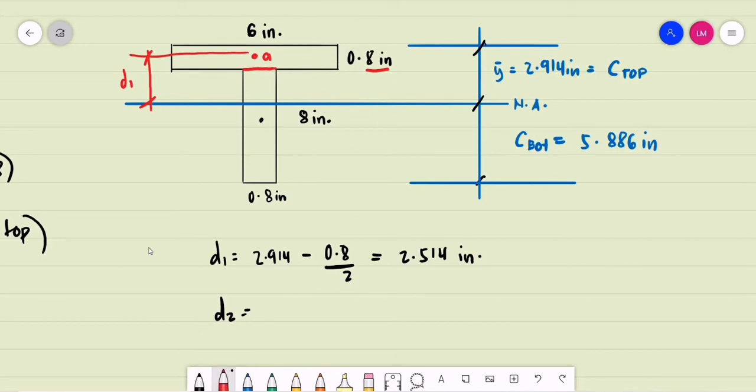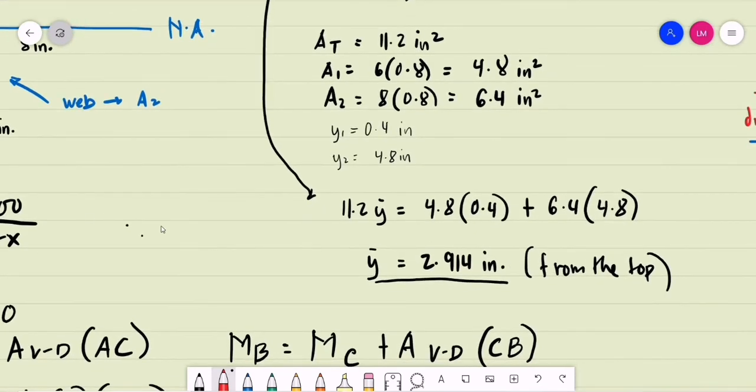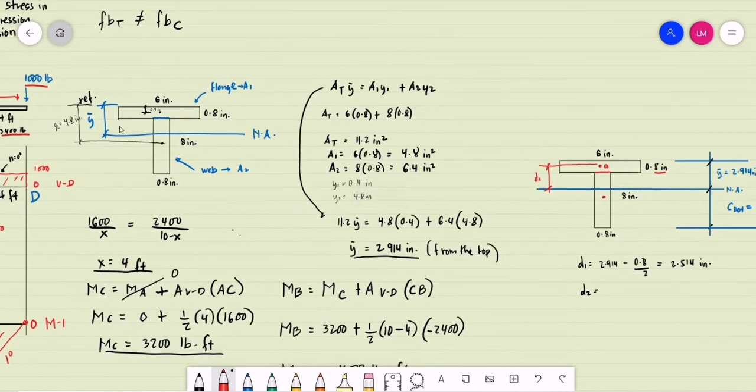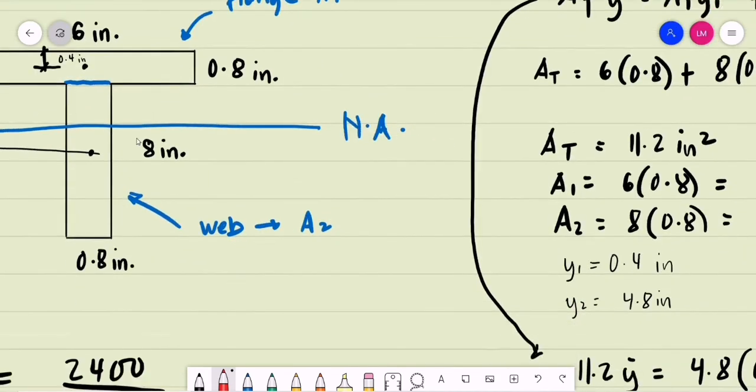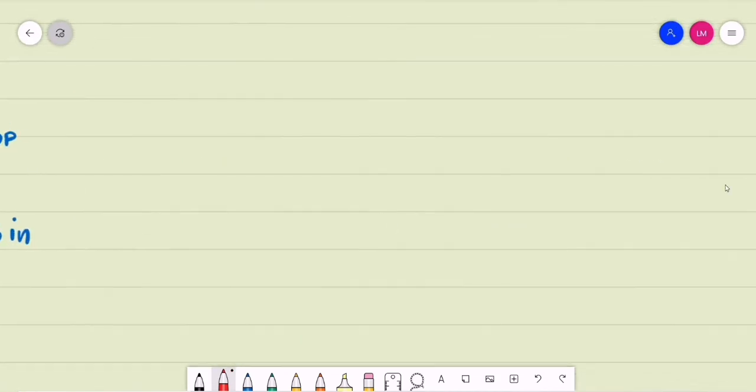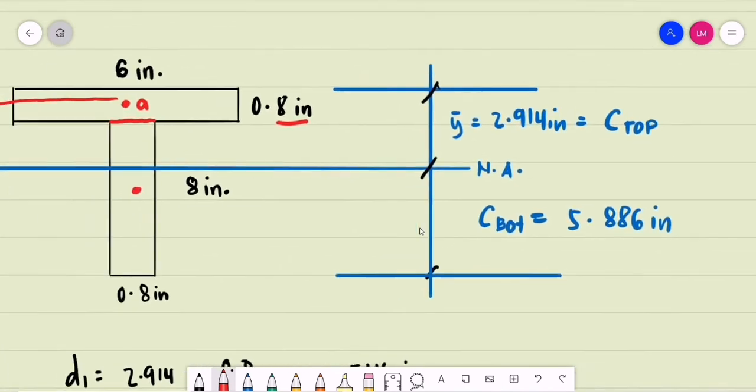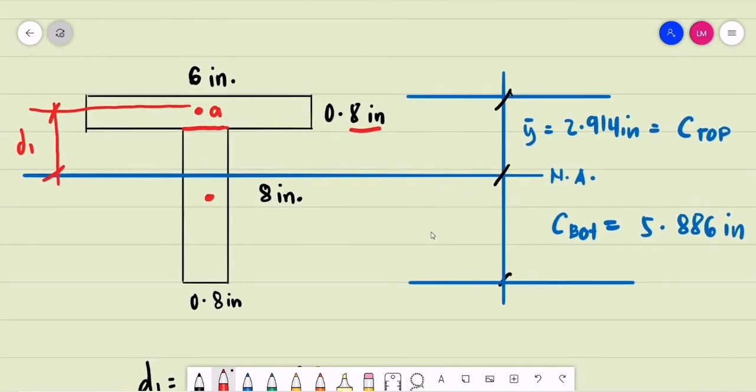How about d sub 2? D sub 2 is the distance of the centroid of the web towards the neutral axis. Initially, what is the distance of the centroid of the web from the top of the beam? That is 4.8 inches. So all we have to do is subtract the value of bar y, 2.914. Let's say this is point B, the location of the centroid of the web.